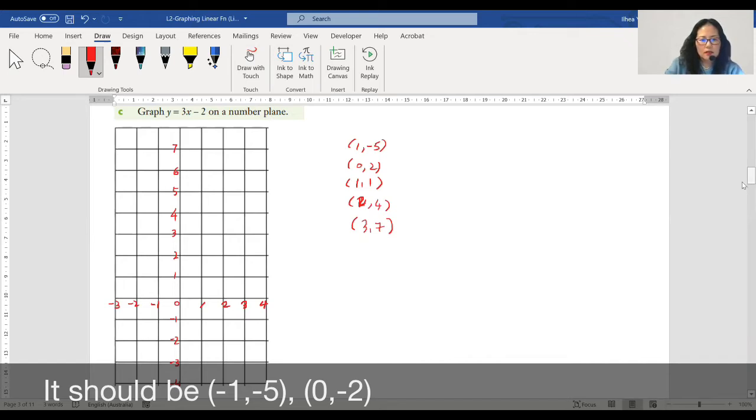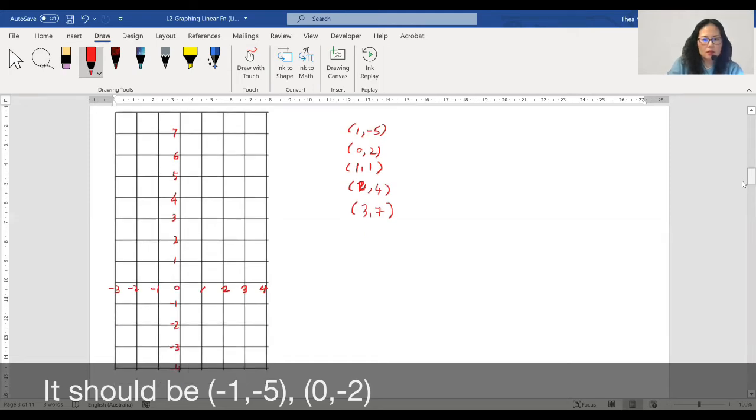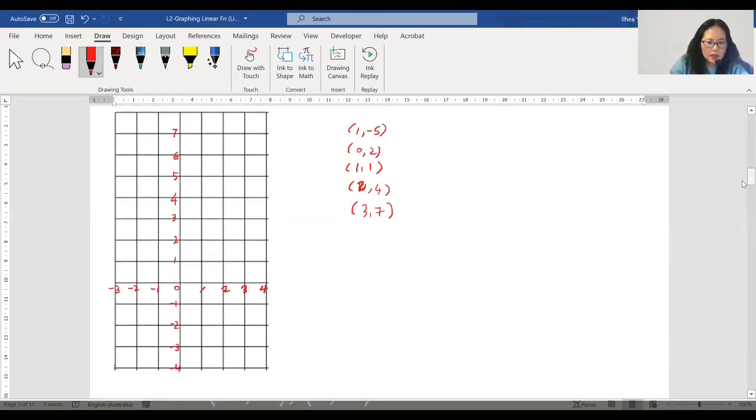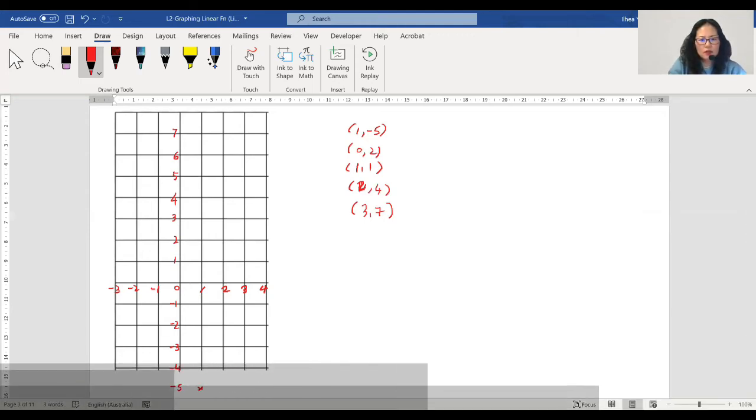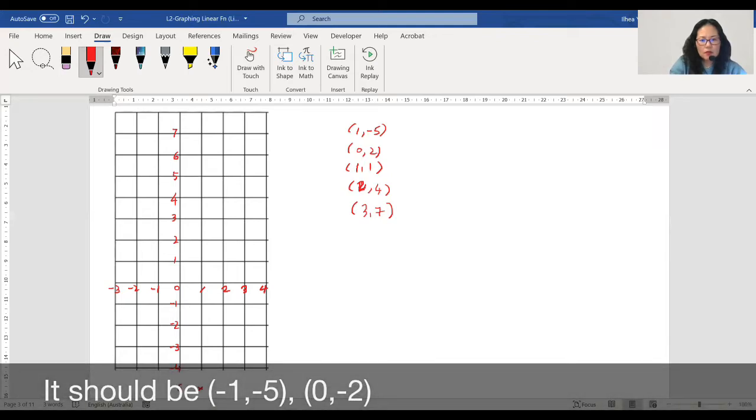I should have sketched a little bit higher up there, but I'm just going to put -5 there. So 1 and -5. No, I'm wrong. It's a -1. So I have to go with -1 and -5 right there.